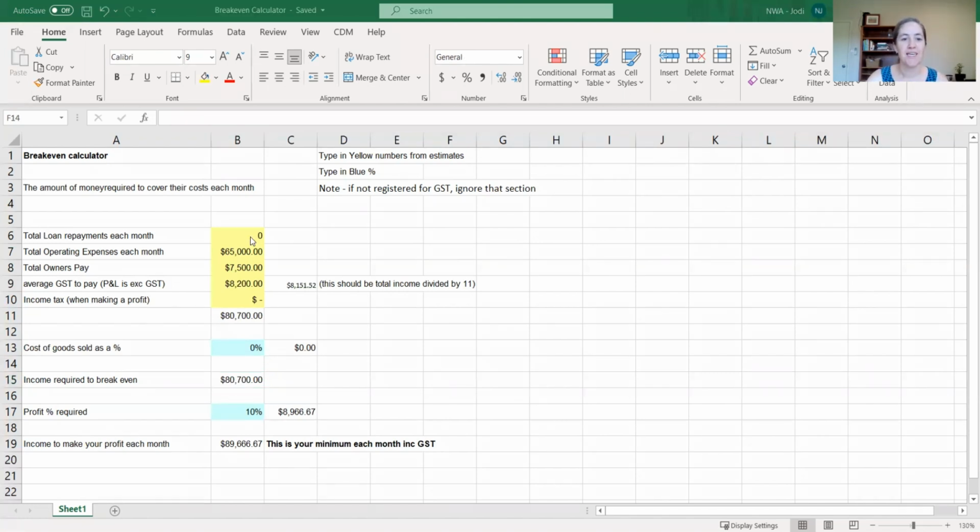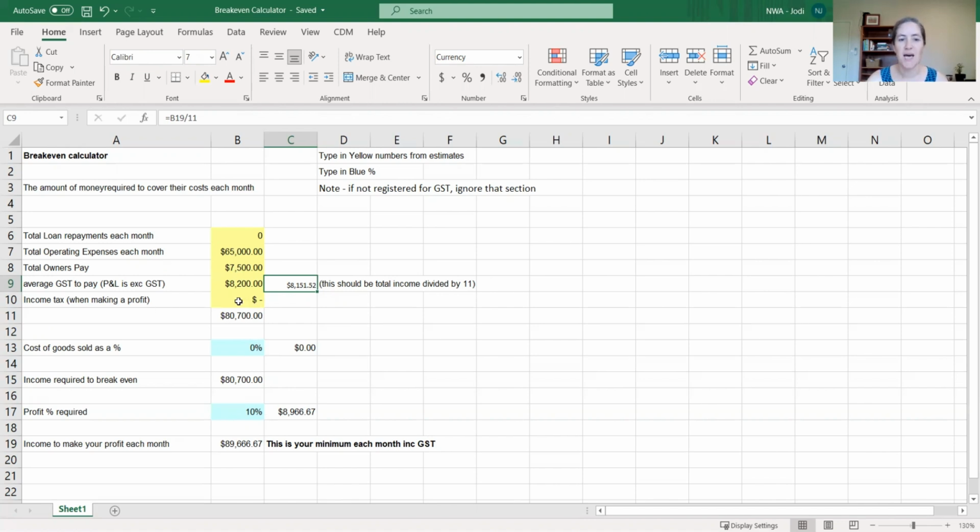So what we're doing is putting through what our costs are for our business. So every month, operating expenses, 65,000, total owner's pay 7,500. Now GST, I incorrectly put a formula in that was breaking it. So what I've done here is made it so that you have to type this number in, but it's an estimate based on this number here. So as we play with that, we will get that working.